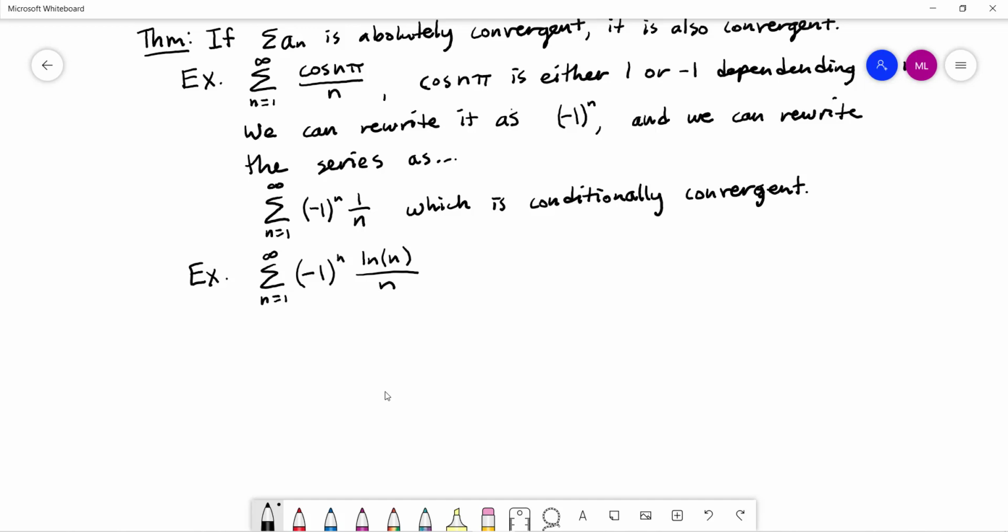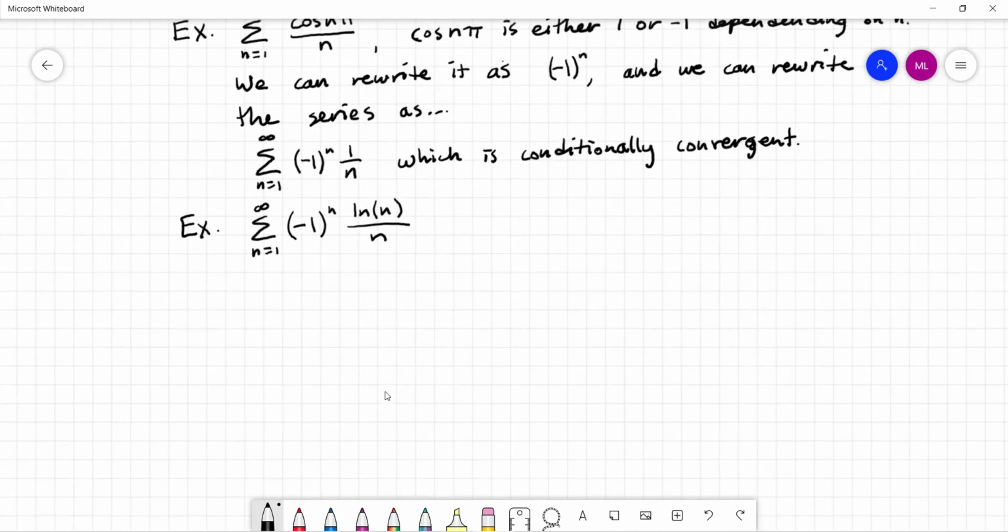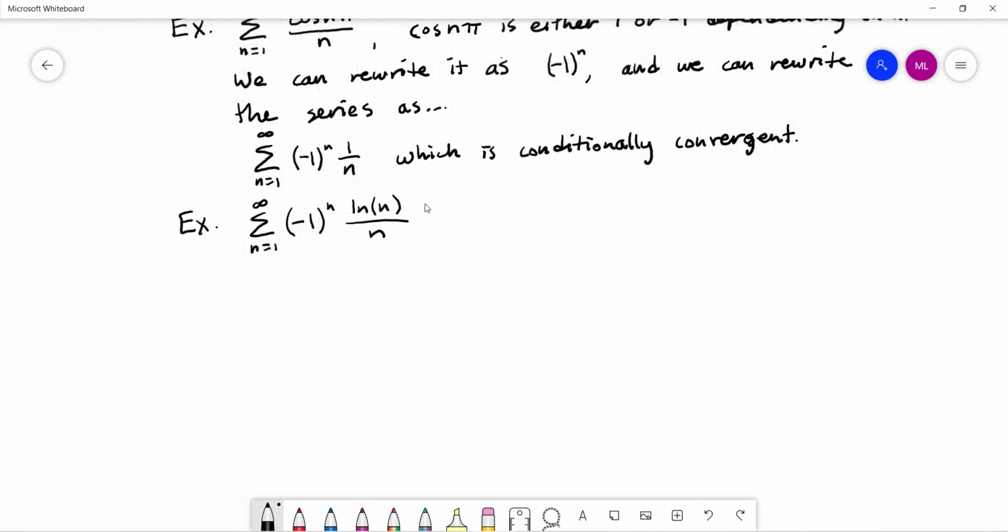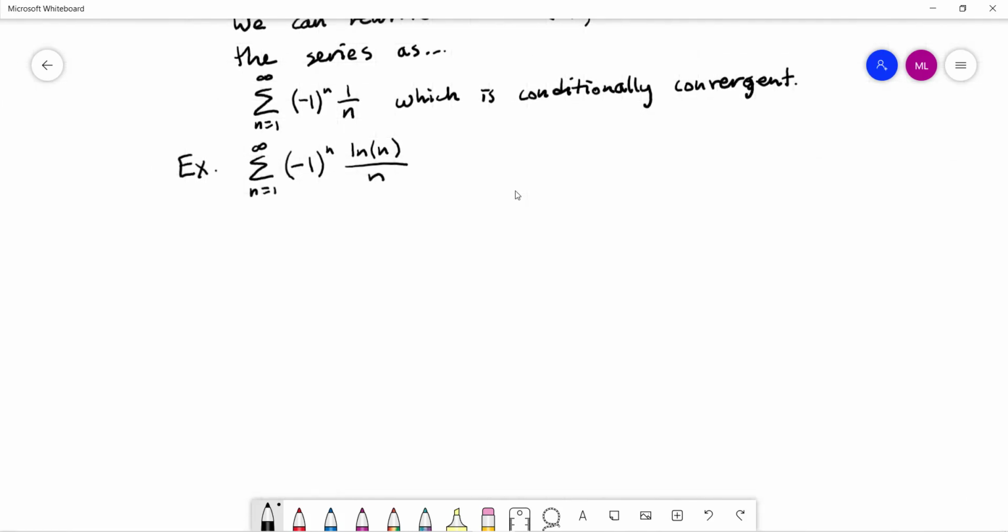Well, because it's alternating, all we need to check is that these terms successively get smaller as n increases and that they eventually go to 0. If both of those are true, then by the alternating series test, this thing will converge. Then we will remove the -1, take the absolute value, and check to see if just this term by itself is convergent.